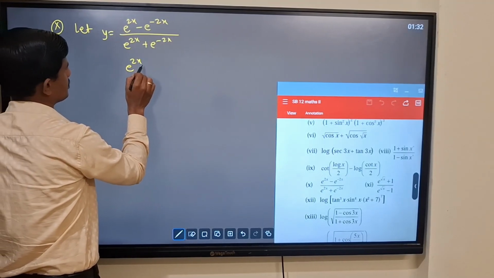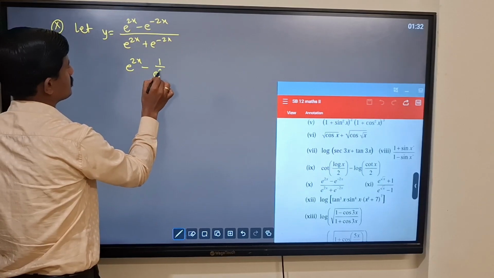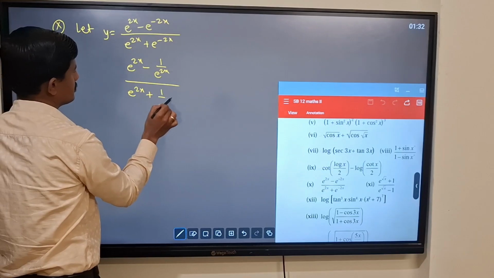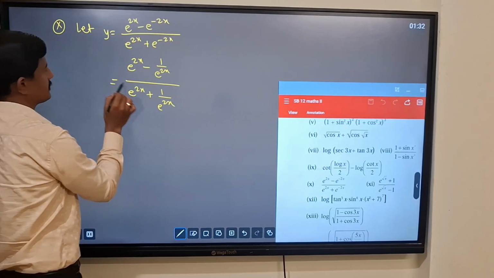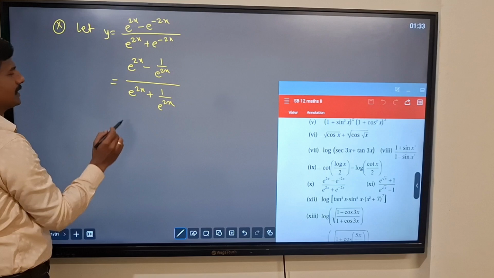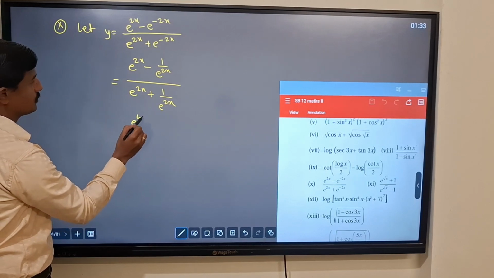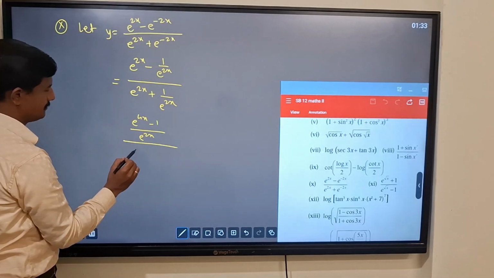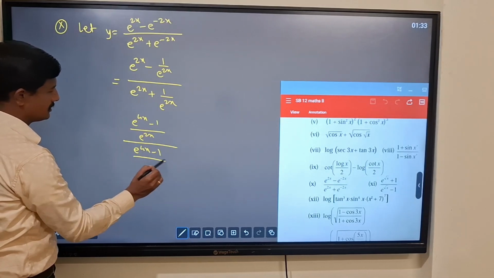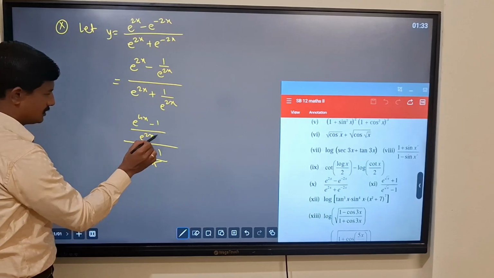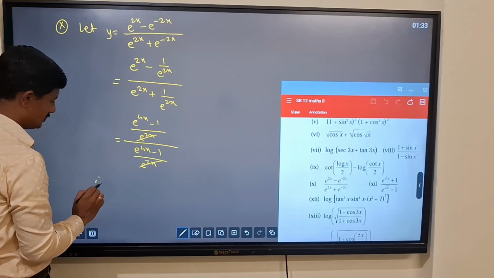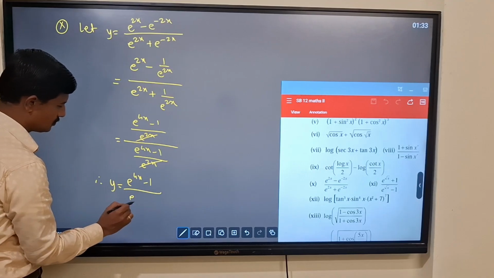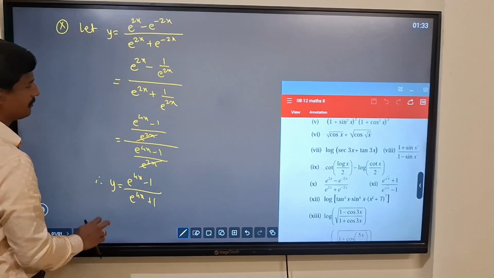E raised to 2x minus 1 upon e raised to 2x, upon e raised to 2x plus 1 upon e raised to 2x. To make the denominator the same, we have to multiply it. So it will become e raised to 4x minus 1 upon e raised to 2x, upon e raised to 4x plus 1 upon e raised to 2x. E raised to 2x cancels. So this y will become e raised to 4x minus 1 upon e raised to 4x plus 1.